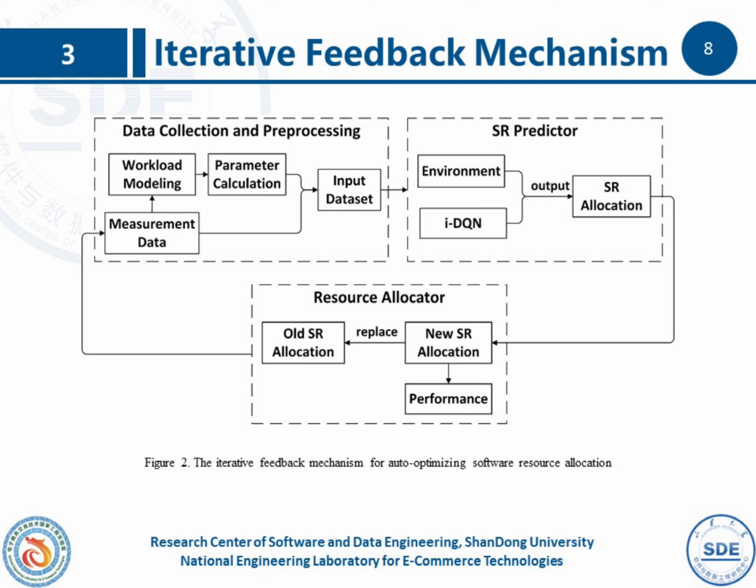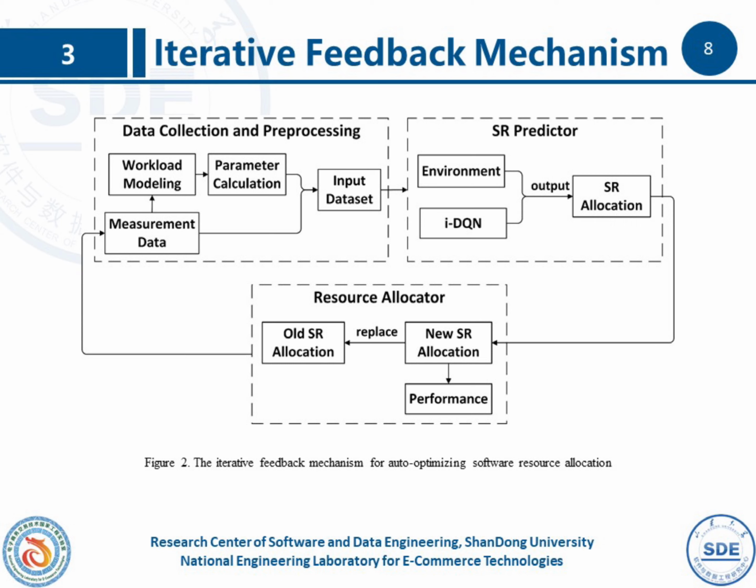The former is a deep Q-learning network for obtaining the changes in software resource allocation, and the latter provides rules for selecting software resource configurations while ensuring system performance.